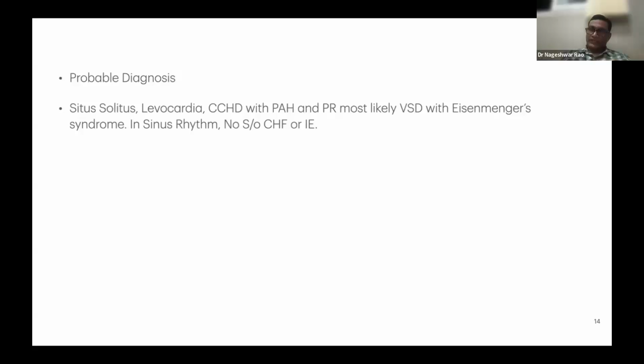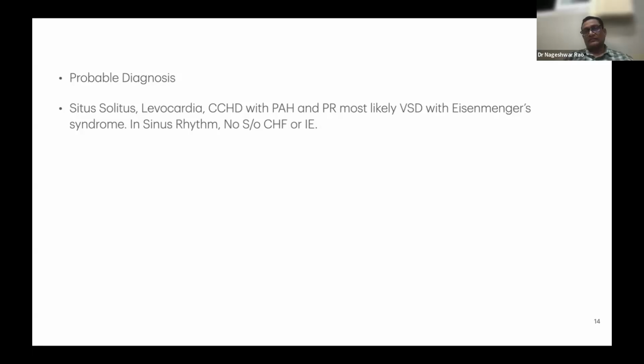In case of moderate or large PDA, your pulse volume is high because of aortic runoff. Your pulse pressure is high. If they develop pulmonary hypertension, the peripheral runoff signs will disappear. But in the presence of pulmonary regurgitation in PDA, again the peripheral signs may persist and may be seen.